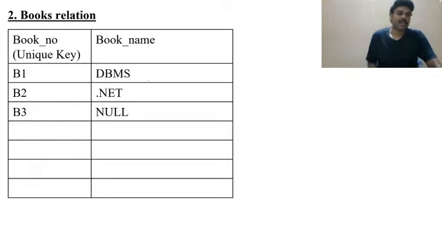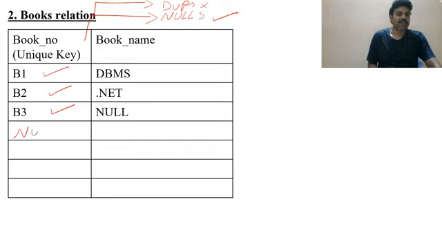Let us see another example using unique. Same rules I am applying here, don't confuse. Nulls are allowed, but duplicates are disallowed. So B1, B2, B3 allowed. If I am writing a null here, it is also valid.